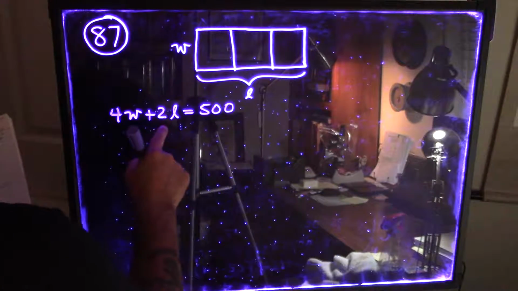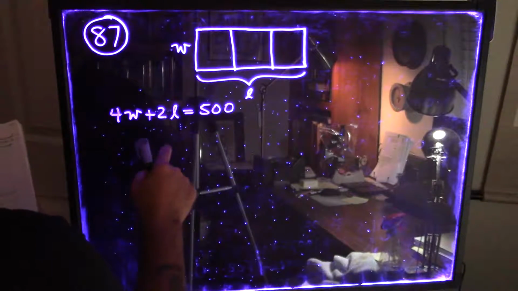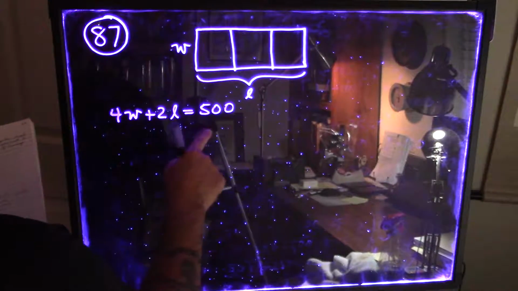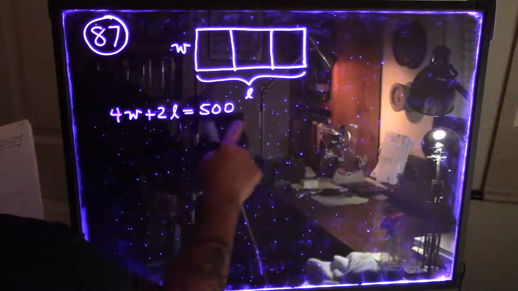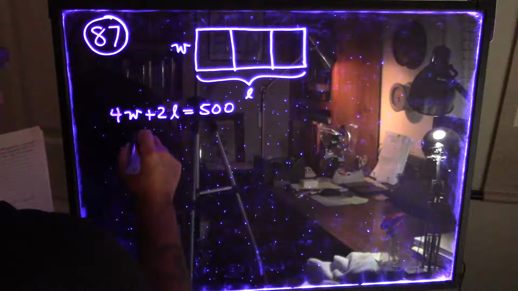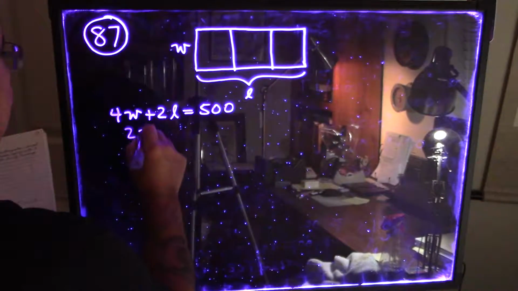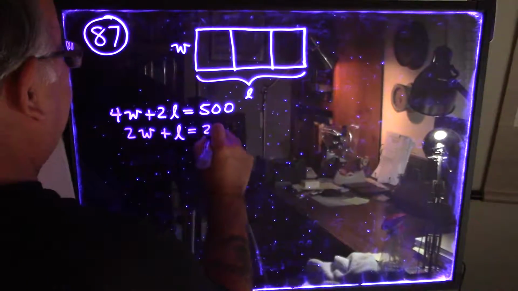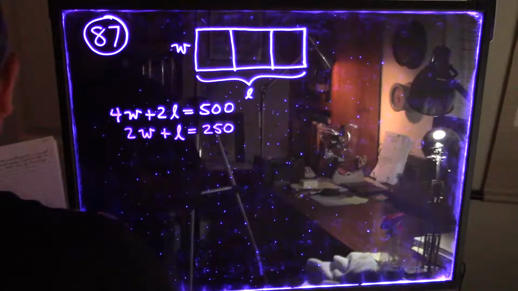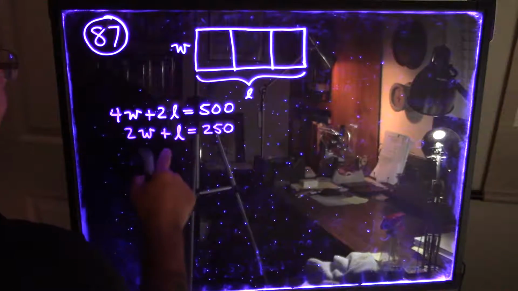So you can simplify this a little bit. I mean, why not if you can, right? You don't have to, but it'll make things easier. Divide both sides by 2. You can see 2 goes into both sides evenly, so you've got 2W plus L is equal to 250. Okay, so now solve for one of the variables.